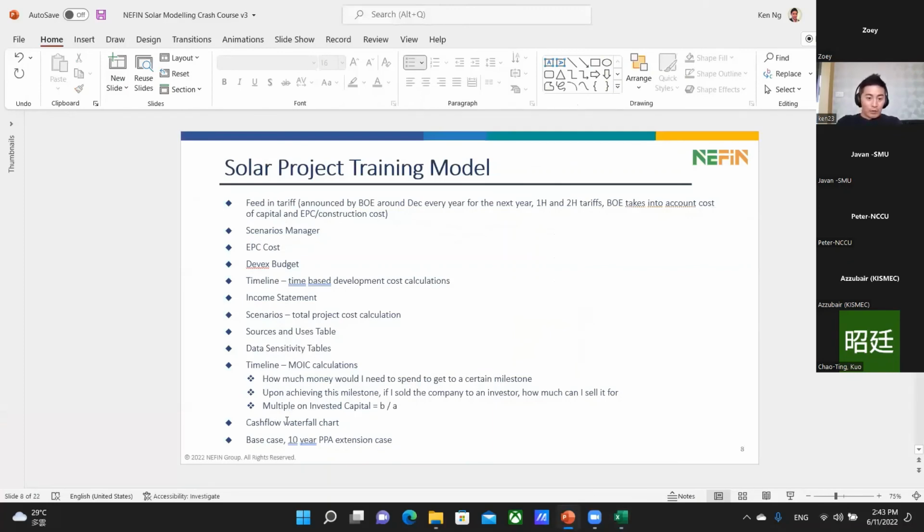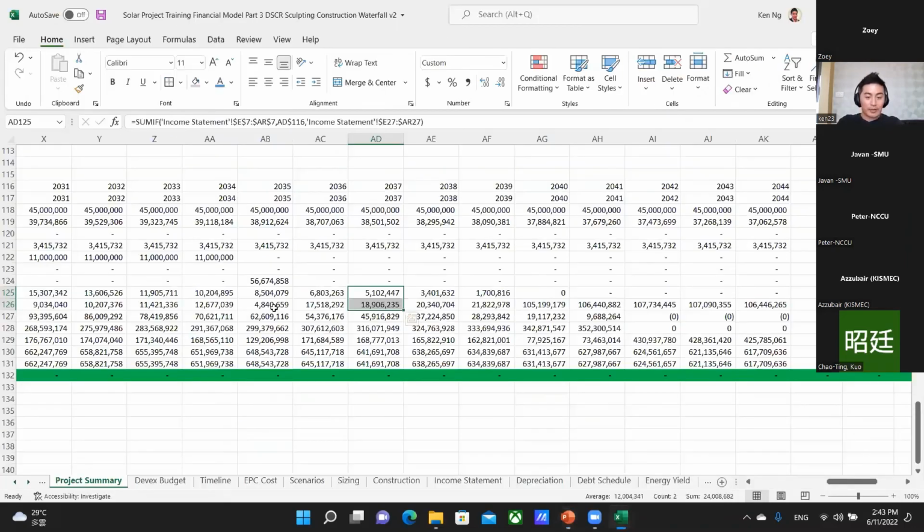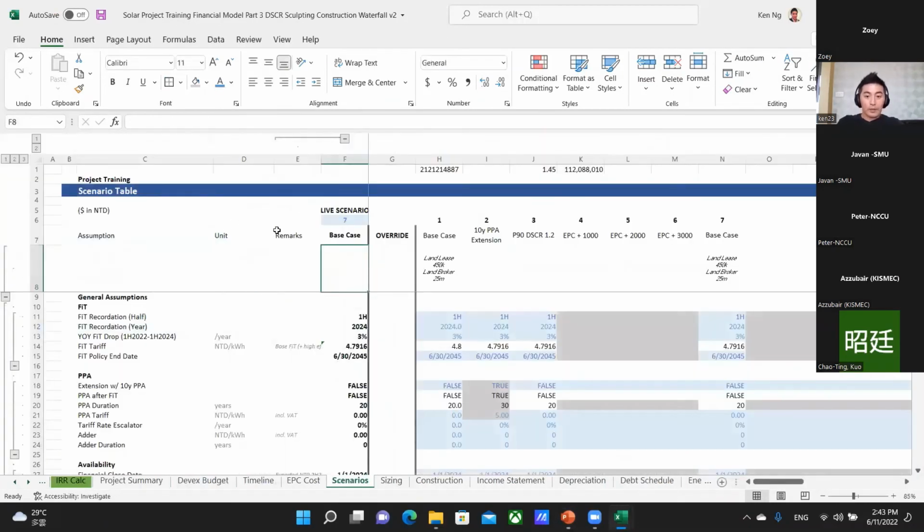Okay. So that's cash flow waterfall. So let's have a look at the 10-year PPA extension case. What exactly is that? So this is case number 2 here. Under the 10-year PPA extension case, the FIT that we get with Thai Powers is only for 20 years, but the solar panels last at least 30 years, right?